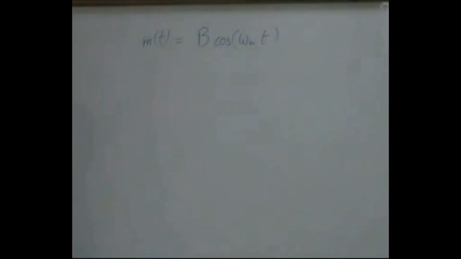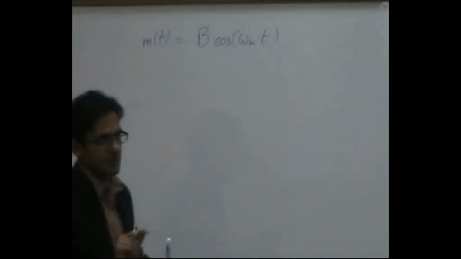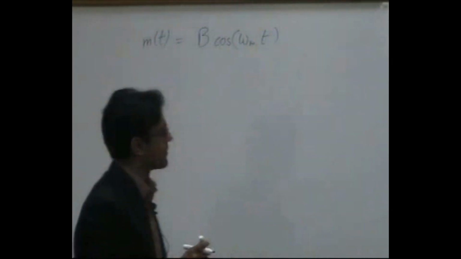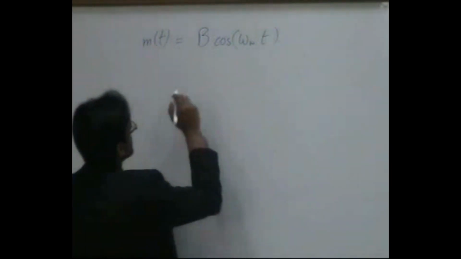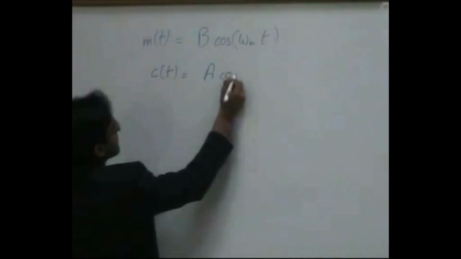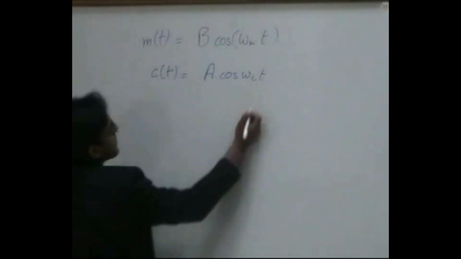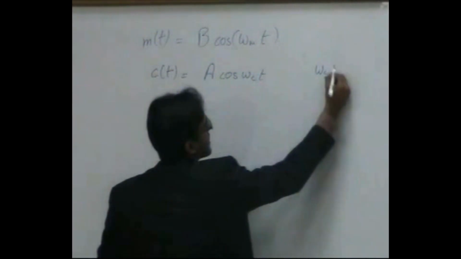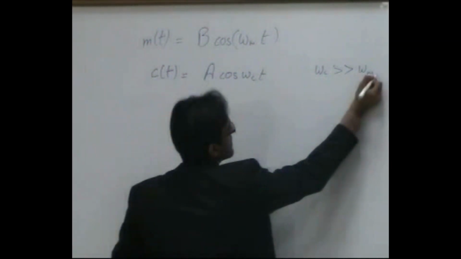Your message signal is having just one frequency present in it, omega m. Your carrier signal is A cos of omega c t, where omega c is much greater than omega m. That is understood.